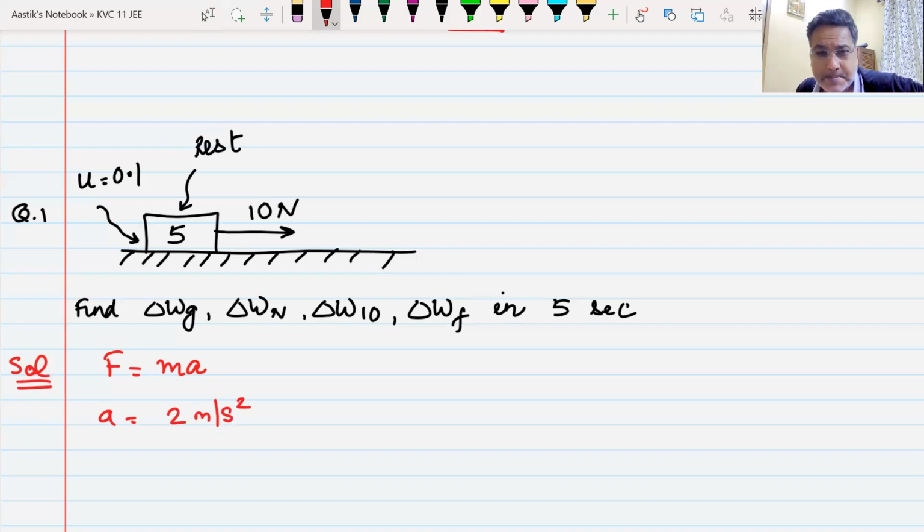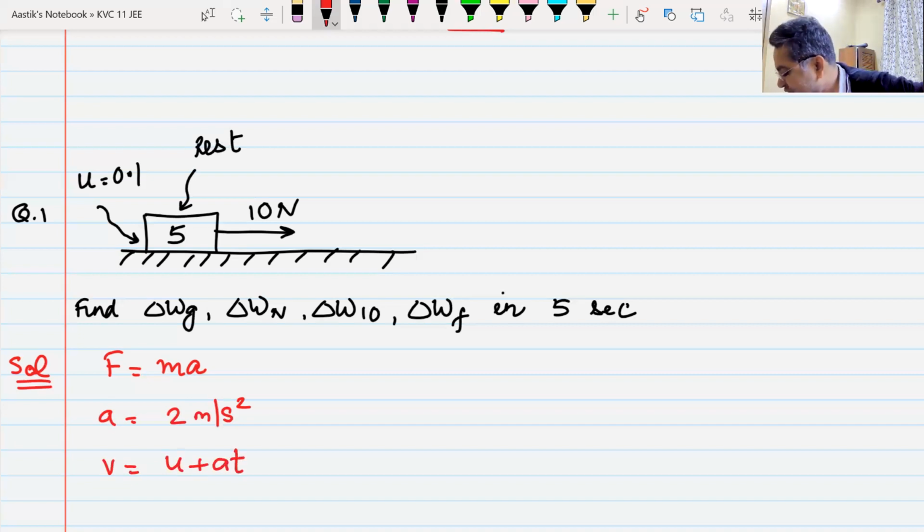Then what is the next step? I've written F is equal to ma and A is equal to 2 meter per second square. What should I do next? V is equal to U plus at. Okay.